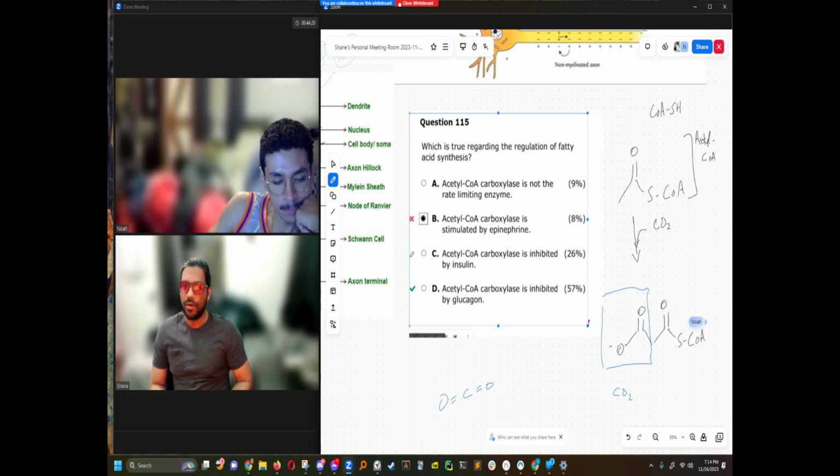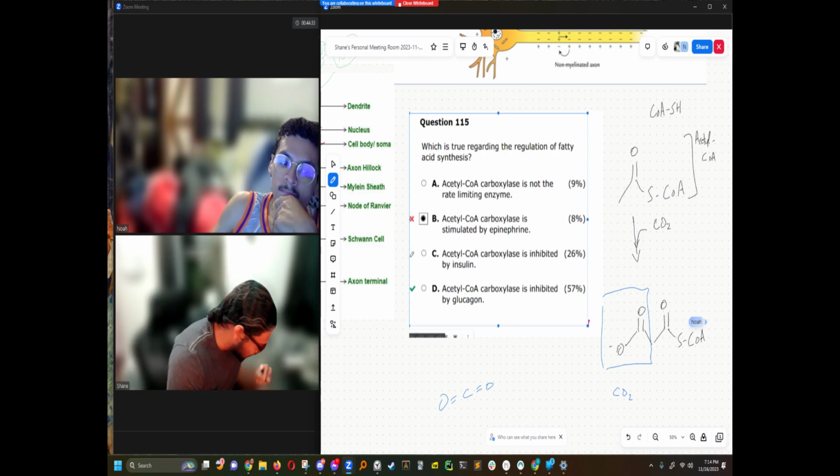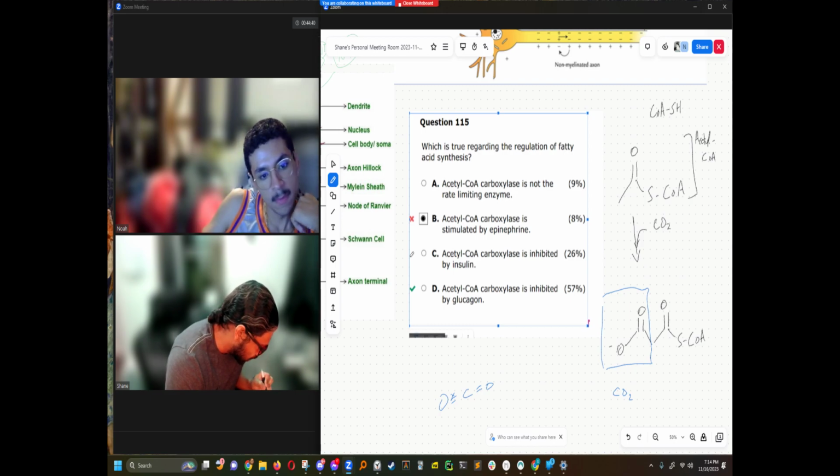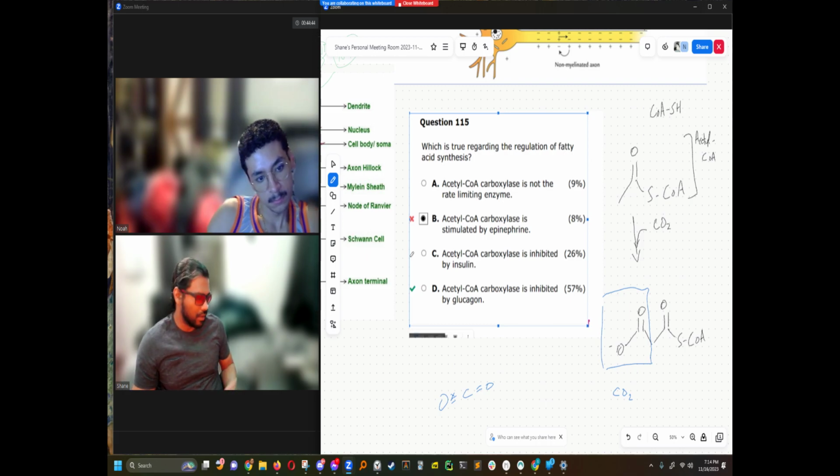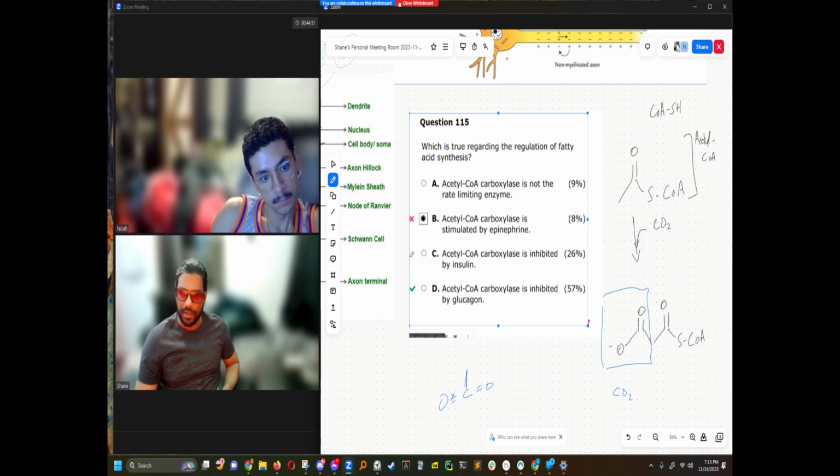So what we're doing is breaking one of those double bonds to oxygen, and the molecule is going to bind to the carbon here. And carbon can only bind to four things, which means one of the bonds to oxygen, this one here, is gone.